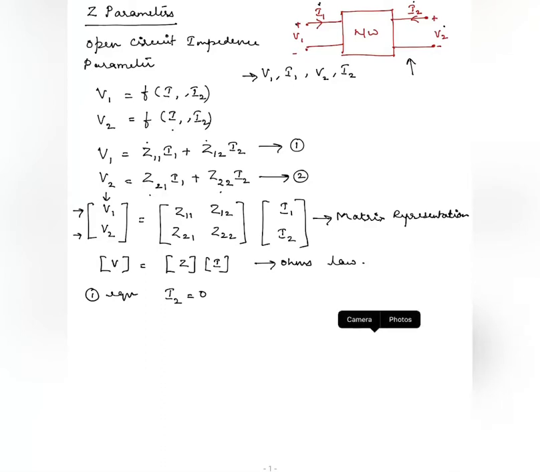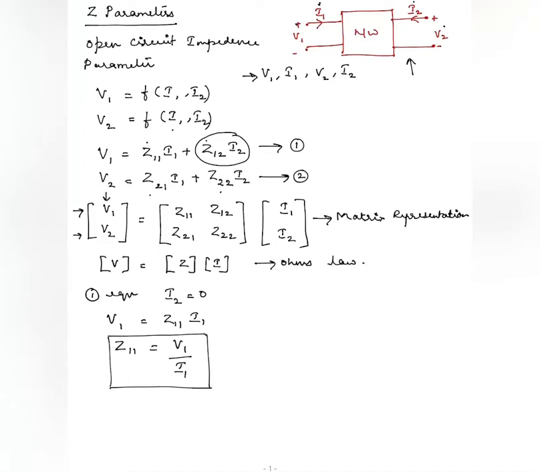Then the second term will be 0, because 0 into Z12 is 0, correct? So what you get is V1 is equal to Z11 I1. From this we get Z11 is equal to V1 by I1. This is the equation to find Z11 when I2 is equal to 0.